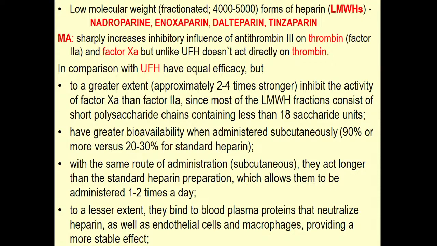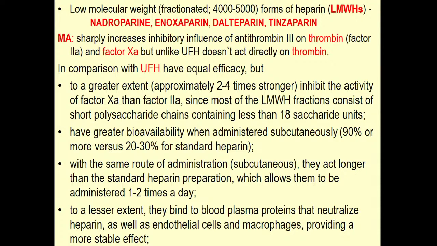Mechanism of action: sharply increases inhibitory influence of antithrombin 3 on thrombin and also factor 10A. But unlike unfractionated heparin, it doesn't act directly on thrombin.